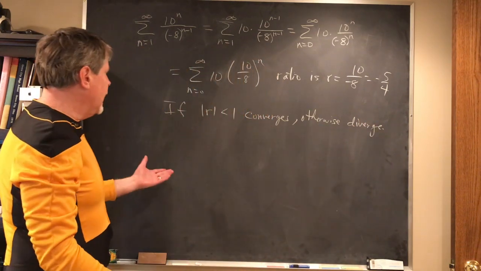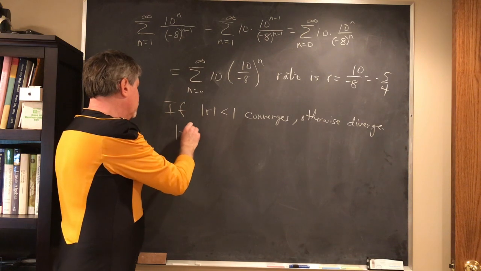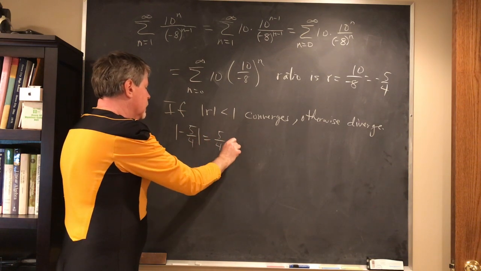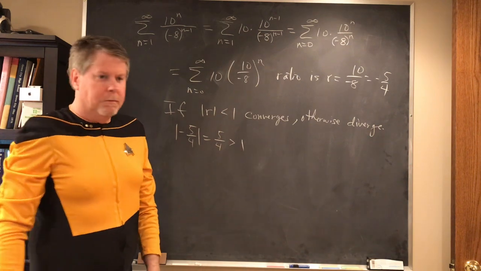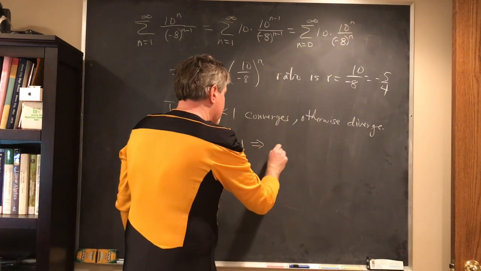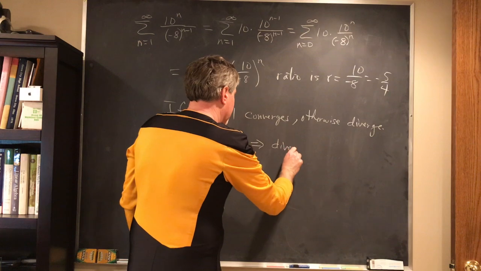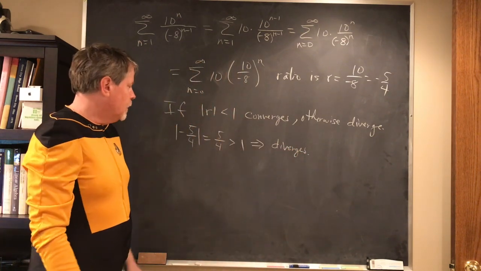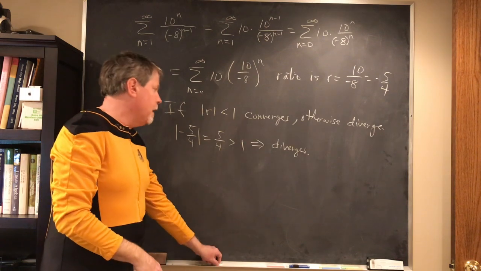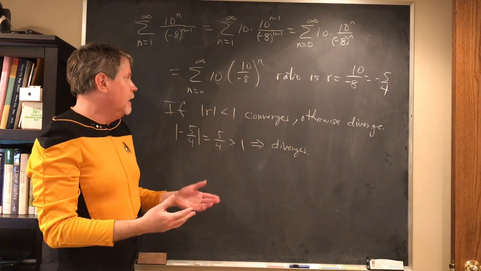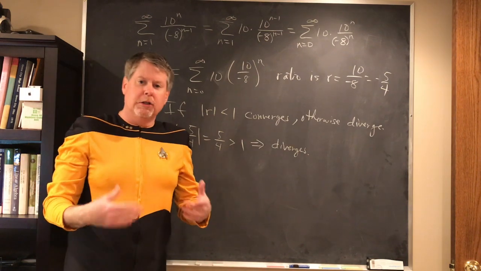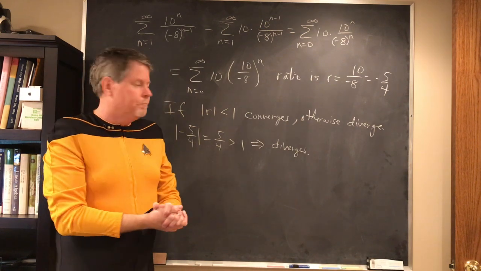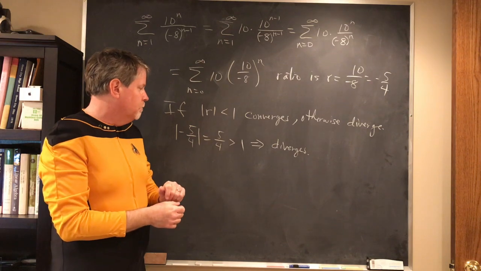In this case, the absolute value of negative 5/4 is 5/4, which is clearly greater than 1. So this series is going to diverge. Now we don't have to worry about finding any value to which it's converging, because we already know this thing is going to take off to infinity, because my ratio is greater than 1.